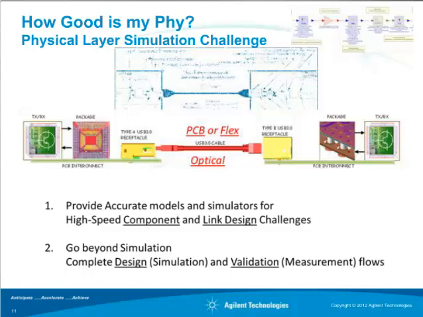And then ideally, you want to go beyond just being able to simulate. You need to be able to link your simulation to a complete design, that is, the whole thing end to end, and be able to validate with your measurement equipment and your measurement flows. So those are some of the general attributes of this simulation environment that you would need.